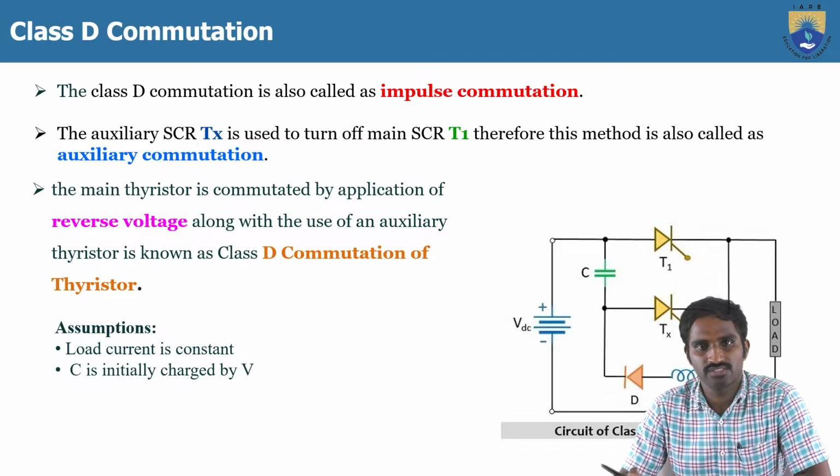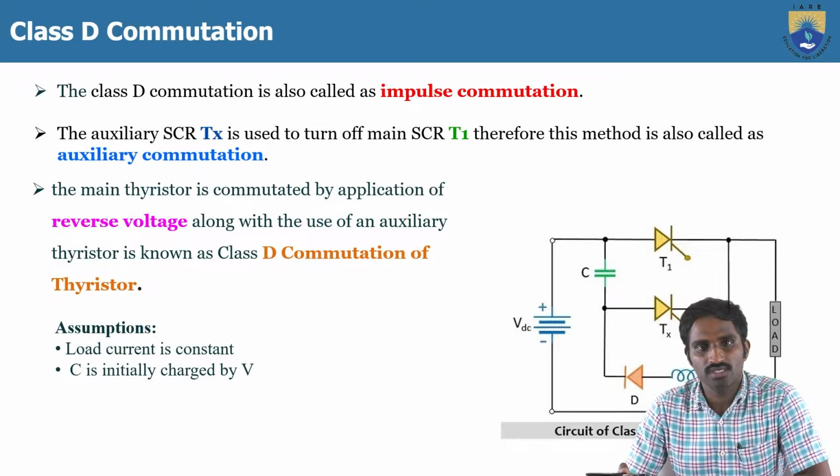We discussed these things in the previous class, including class A commutation and the procedure to apply it to turn off the thyristor. Similarly, class B and class C were also discussed. So in this class, we are going to discuss the class D commutation technique.